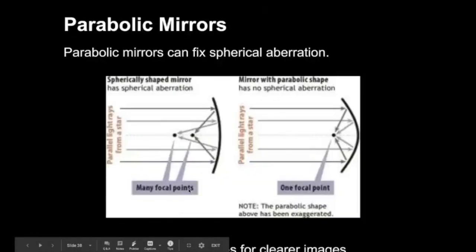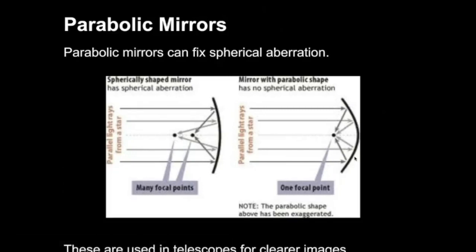And so we can correct that by actually shaping mirrors to be more parabolic. That way they all will focus their rays onto that focal point. And it's just a product of the geometry of what we're doing here.